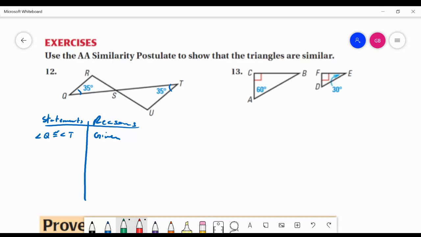Next, we can see that these two angles are congruent because they're vertical angles. So angle RSQ is congruent to angle UST because they're vertical angles.